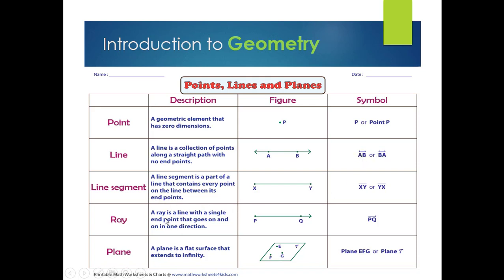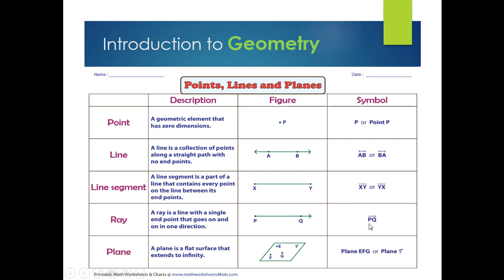And let's go to the ray. What is a ray? Actually, a ray is a line with a single endpoint. That means with only one arrow that goes on and on in one direction. That means this one can go from P to Q only. That means it will go to the right direction and there is no end for this ray.